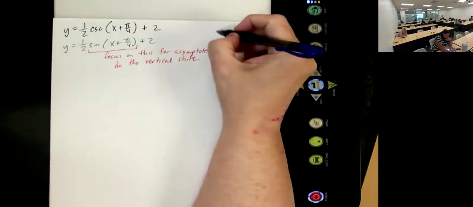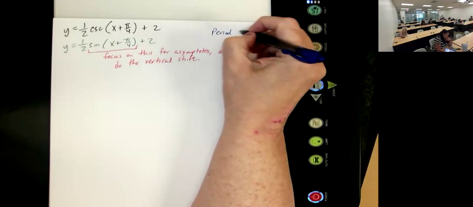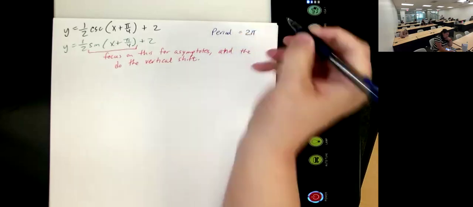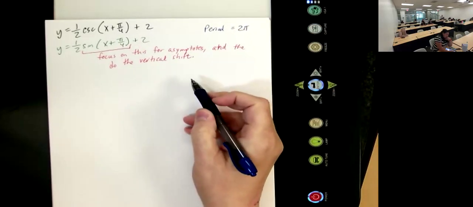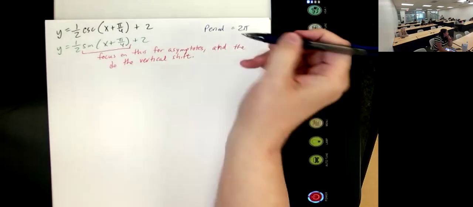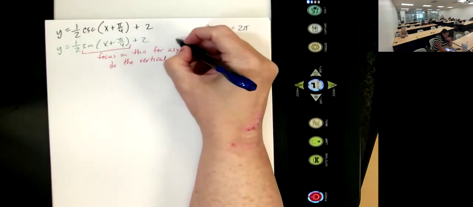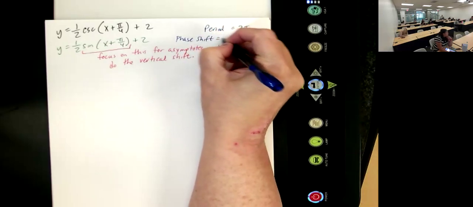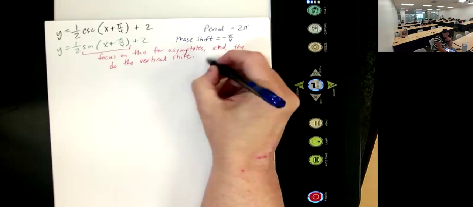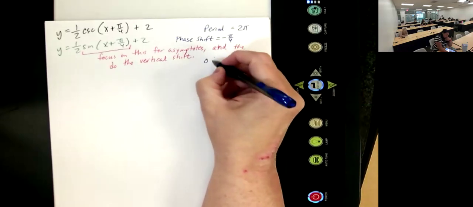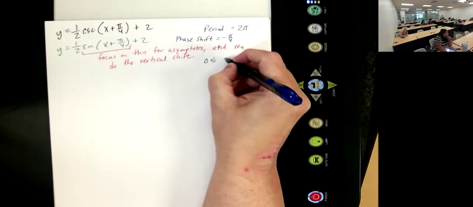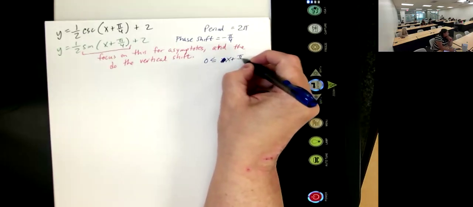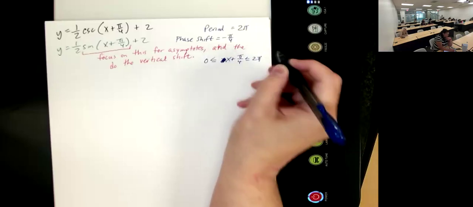What would the period be? 2 pi, there's no change here. Now, one way of doing this is recognizing the phase shift is negative pi over 4. I think this is easier if we say 0 is less or equal to x plus pi over 4, which is less or equal to 2 pi.